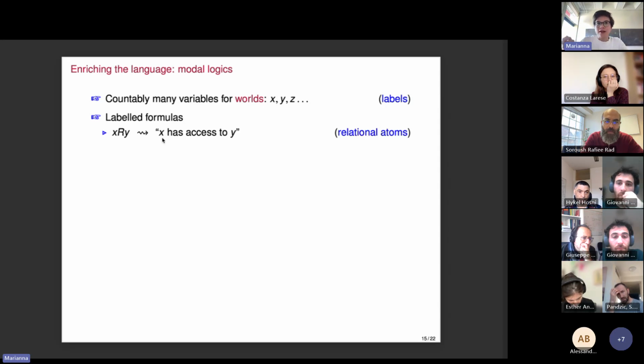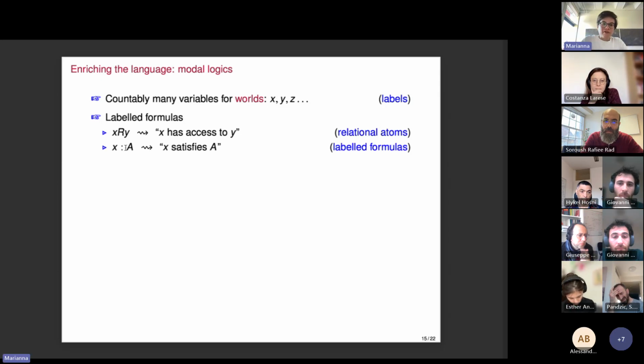So it's describing the accessibility relation of Kripke models. And then you have labeled formulas of the sort x : A, which you read as x satisfies A. So already from here, you can see that my labeled formulas can encode all of the information I need from a Kripke model. I can talk about the accessibility relation, and I can talk about satisfiability or unsatisfiability of formulas.